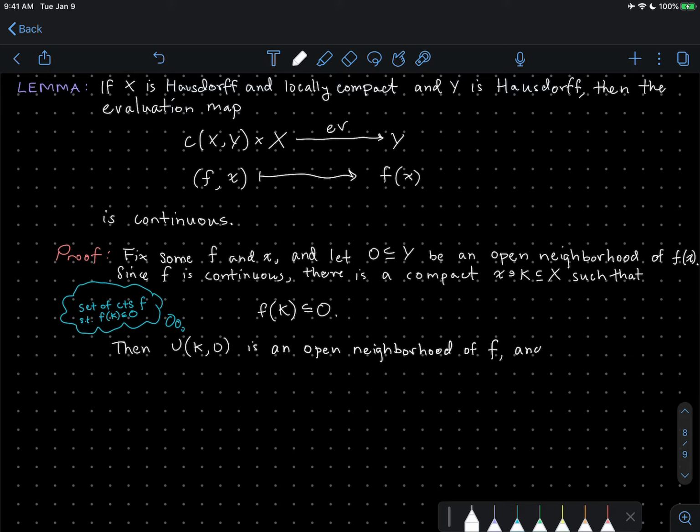And so U(K, O) cross K is an open neighborhood of the pair (f, x).